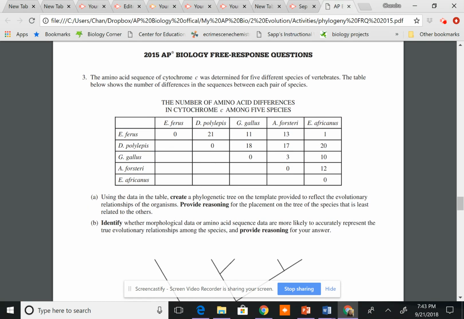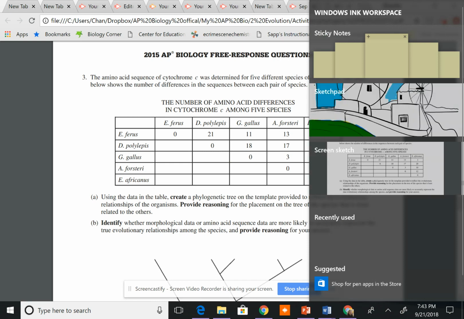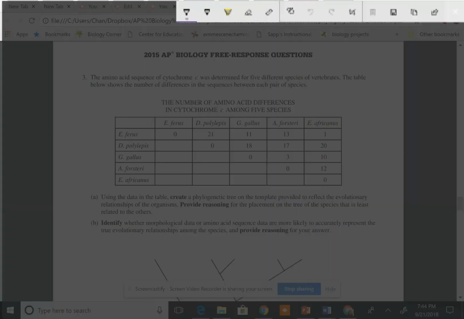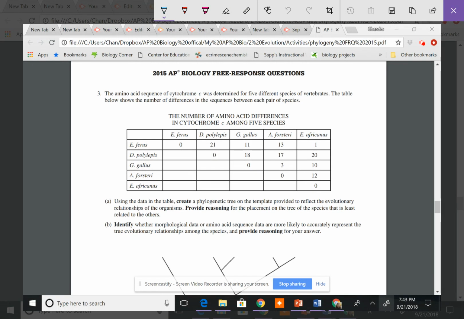This is not hard once you understand how to read this question. All of these numbers represent the differences in amino acid sequences from one species to the next. If you read through the table, it somewhat makes sense. E. ferris shouldn't have any differences when compared to itself, so that number is 0.